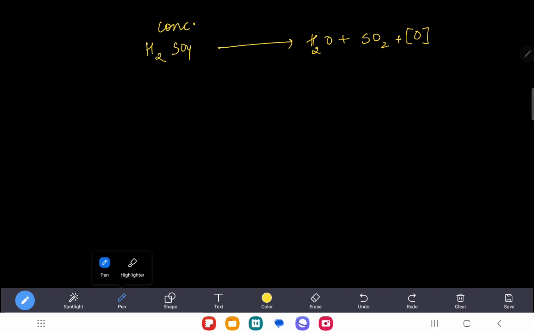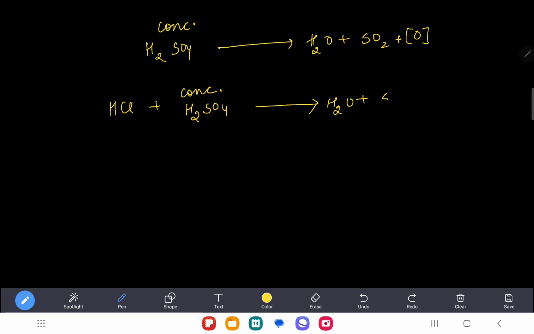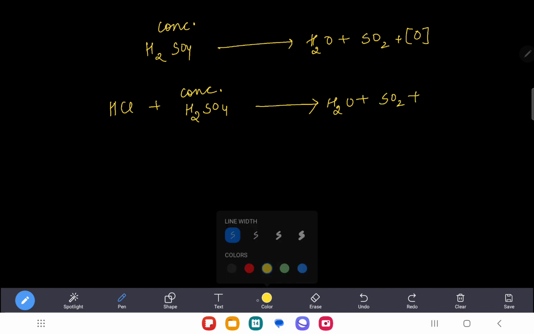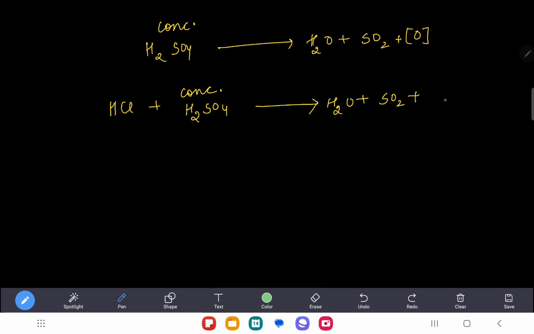Just the way we learned all the reactions, in a similar way you can write it down. So, for example, if I've told you HCl and I have mixed this with concentrated H2SO4, you know that H2SO4 shall give me H2O, shall give me SO2, and then there is this nascent oxygen.